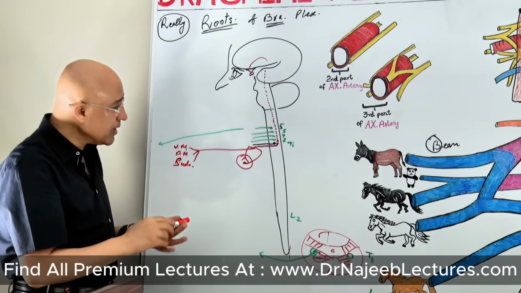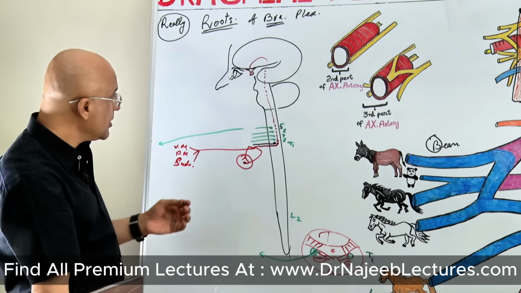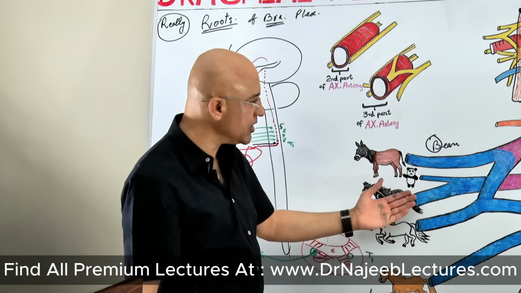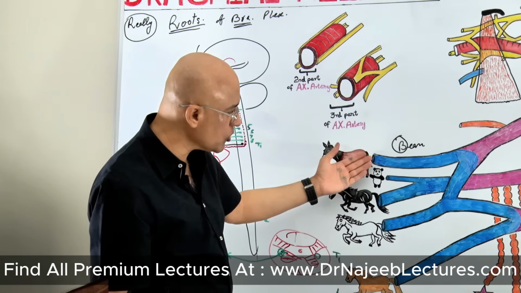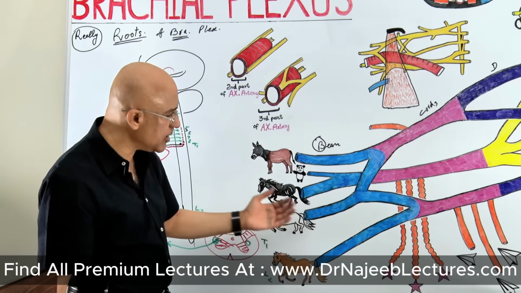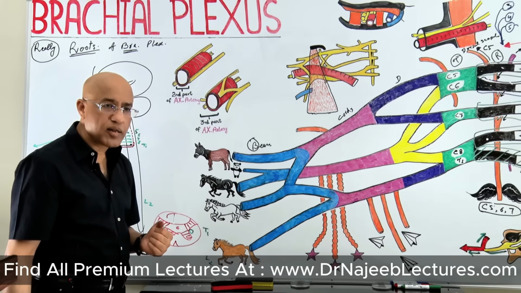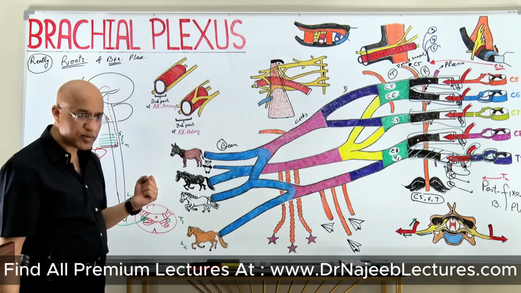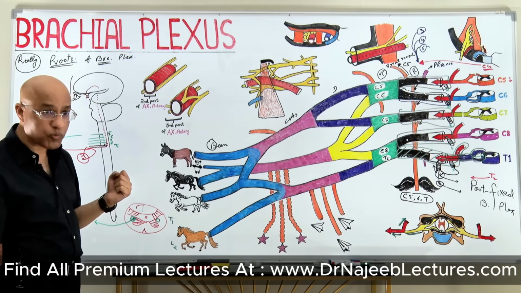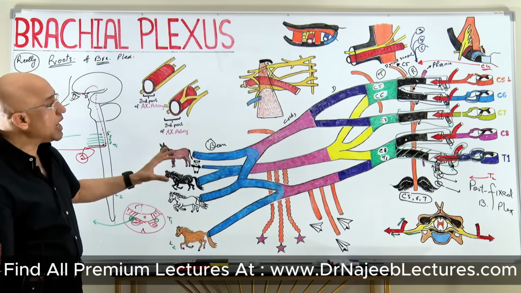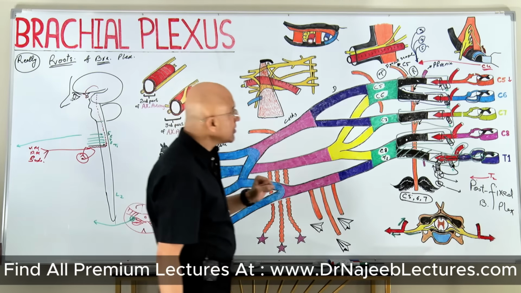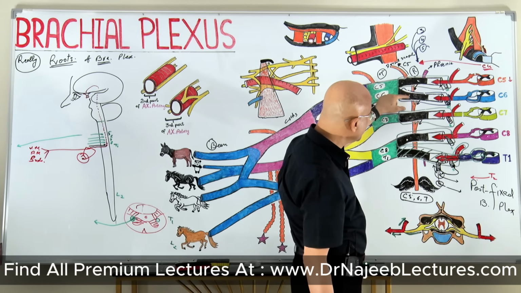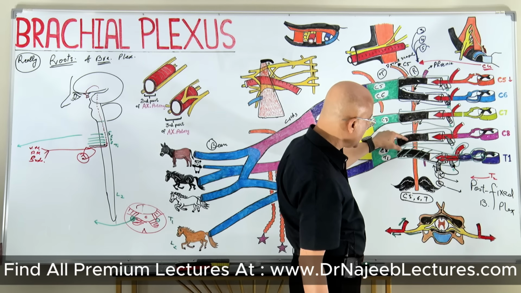But the problem is that those areas of the arm which are supplied by other branches like radial branch or like musculocutaneous branch or like median branch, how do they receive their sympathetic outflow? Or more accurate question should be that fibers which are going through C5, 6, 7, 8, right?